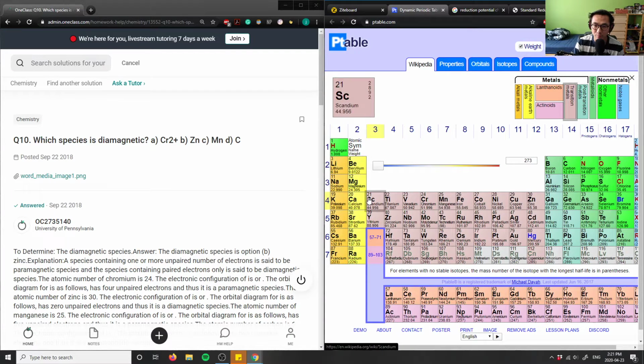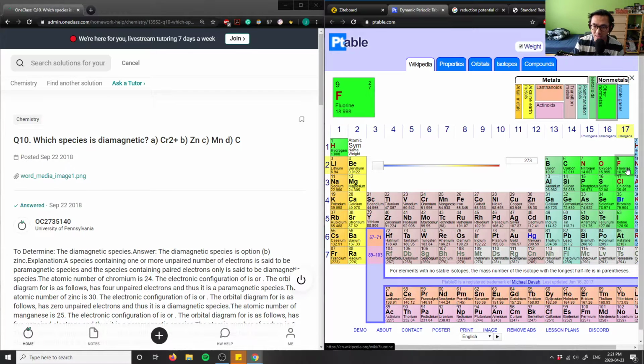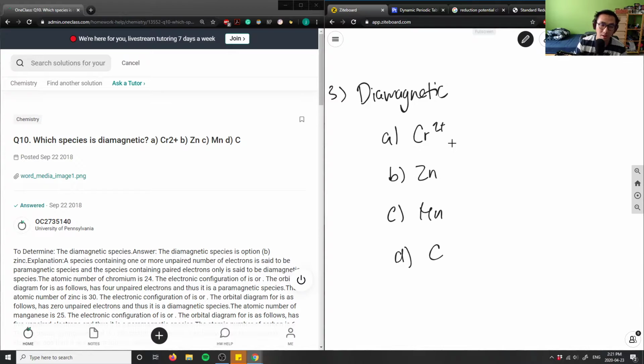It's 1s2, 2s2, 2p6, 3s2, 3p6, 4s2, and 3d, 1, 2, 3, 4. 3d4 would be just chromium as an element. So let me write this down: 4s2 3d4 would be just for chromium.